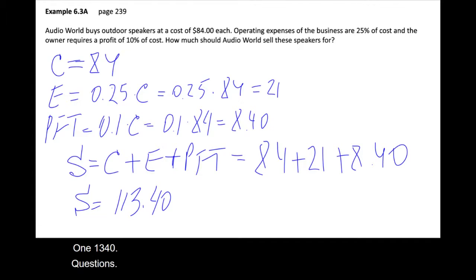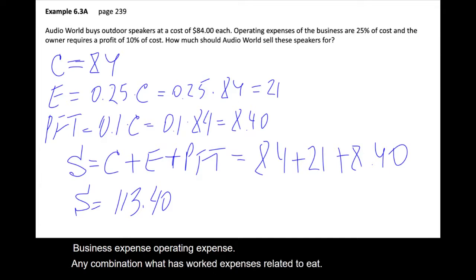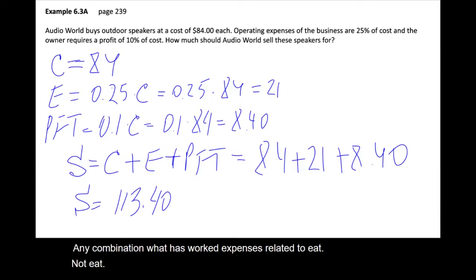Questions? And E is the operating expense. Overhead expense in some questions, business expense, operating expense. Any combination that has the word expense is related to E. Variable or fixed? It doesn't matter, we're not asking this question here.